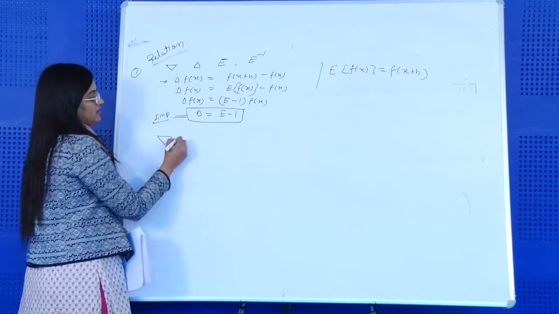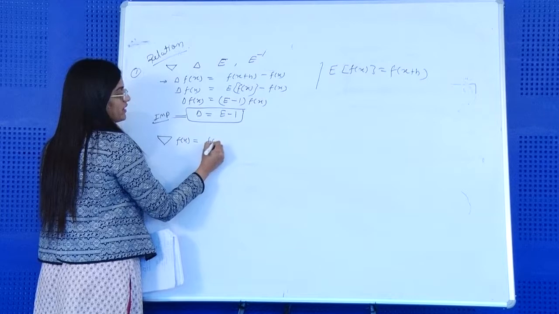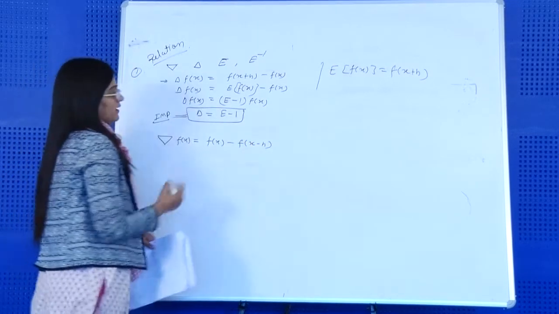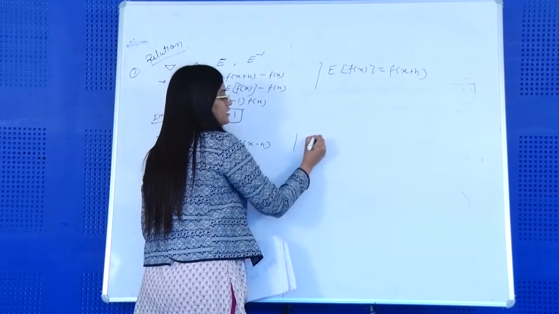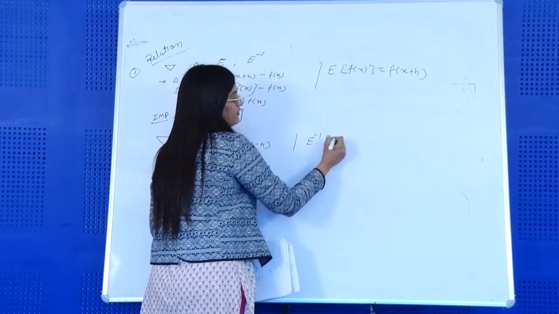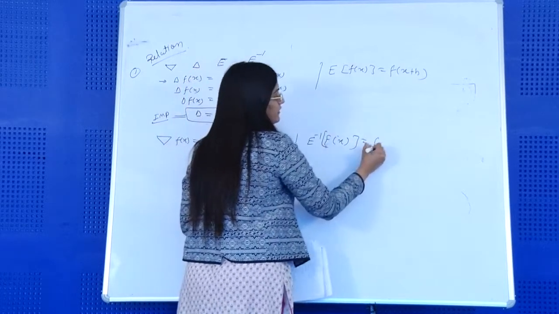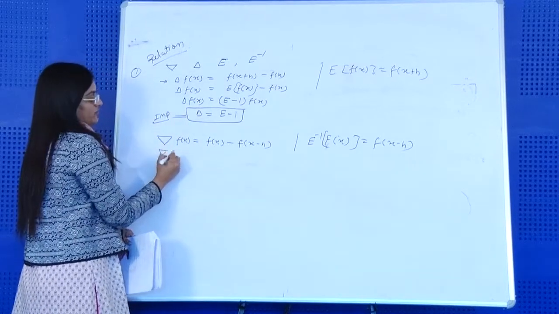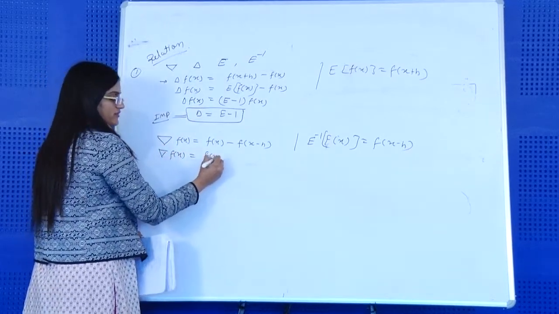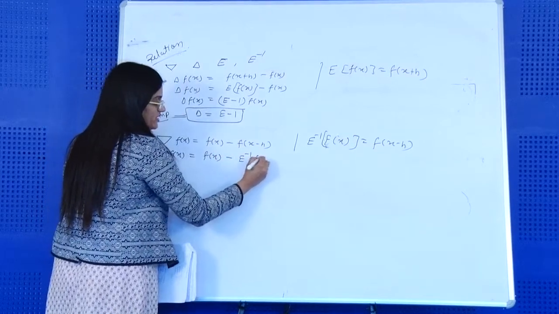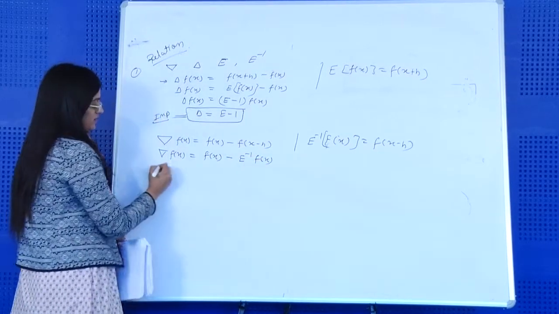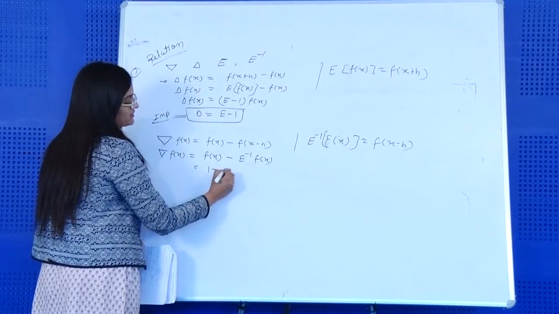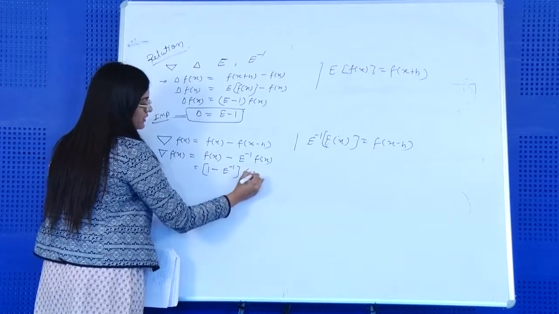Similarly, for nabla, nabla of f of x equals f of x minus f of x minus h. By the definition of the inverse shift operator, E inverse of f of x gives f of x minus h. So nabla of f of x is f of x minus E inverse f of x. I take f of x as common, and I get 1 minus E inverse of f of x.